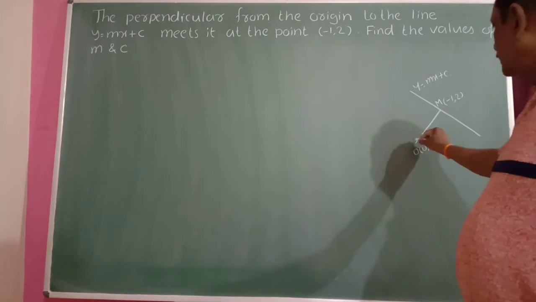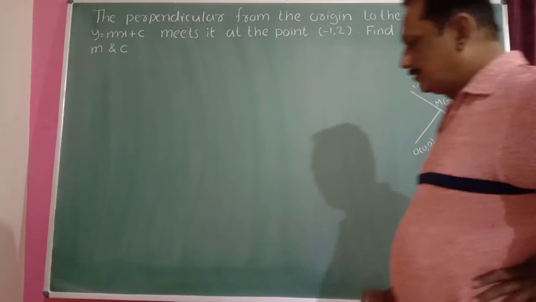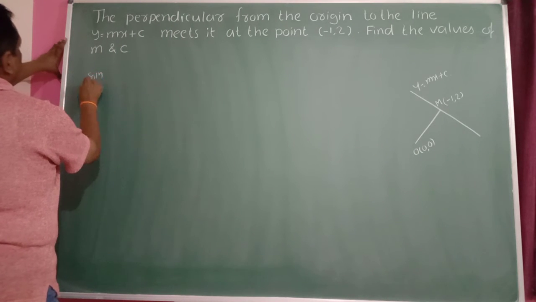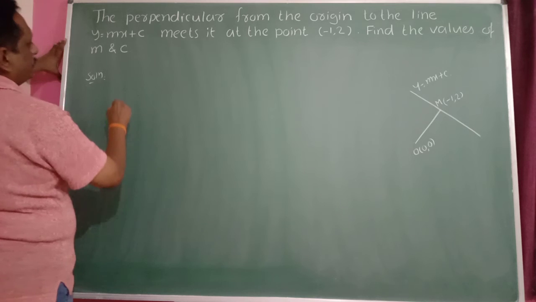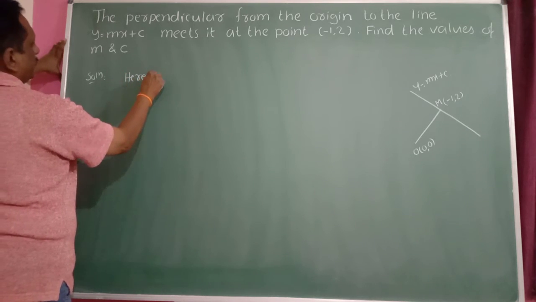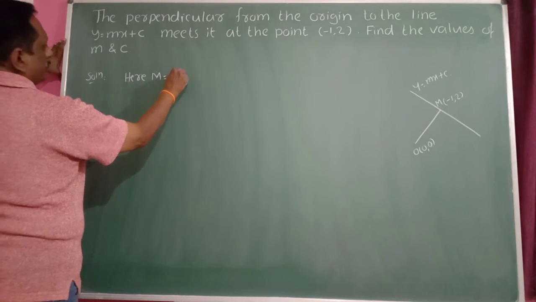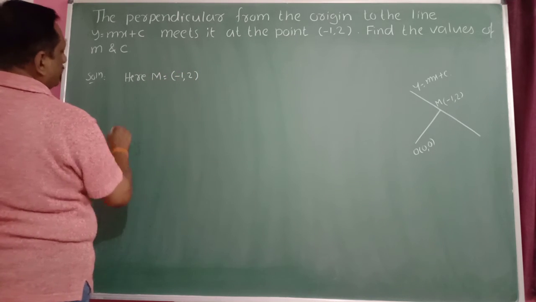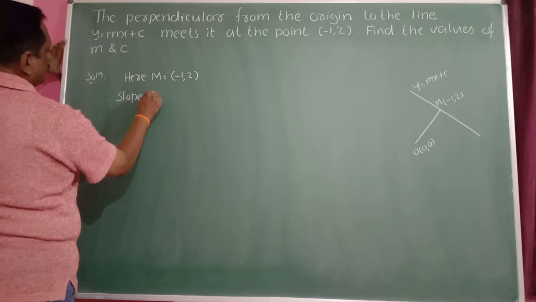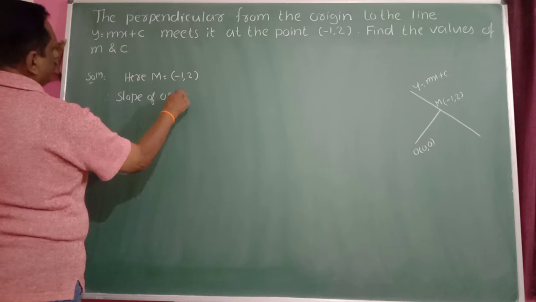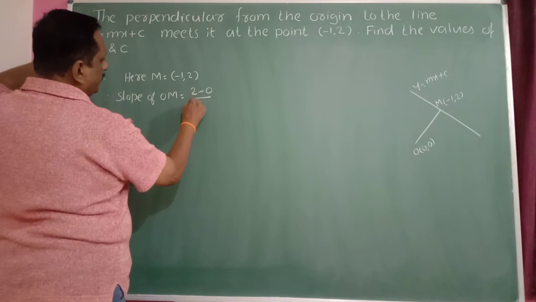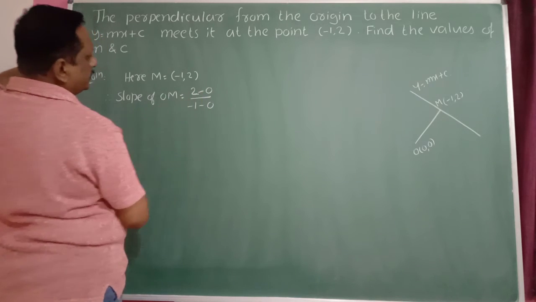First you find the slope of OM here. Take your solution. M is equal to minus 1 comma 2. Therefore, slope of OM is equal to 2 minus 0 divided by minus 1 minus of 0.